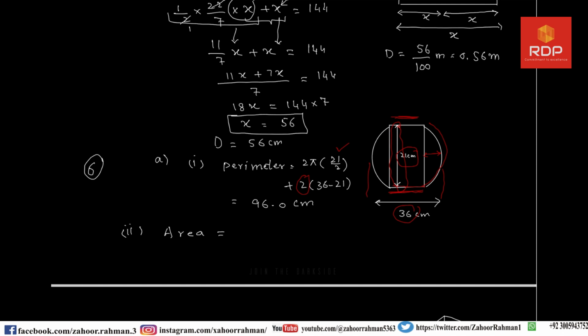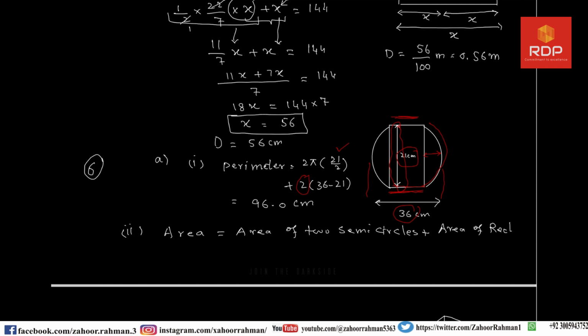So area is equal to pi r square, and area of two semicircles plus area of rectangle. Let me write first area of two semicircles, which is a full circle, plus area of the rectangle.